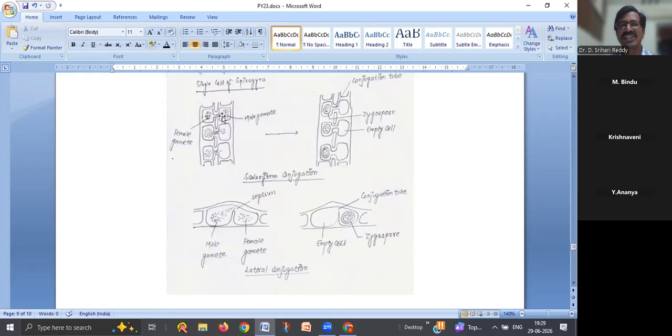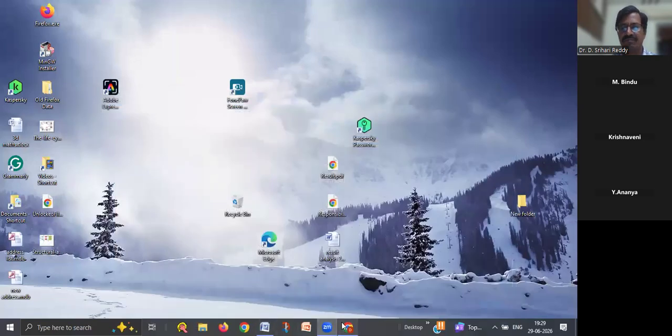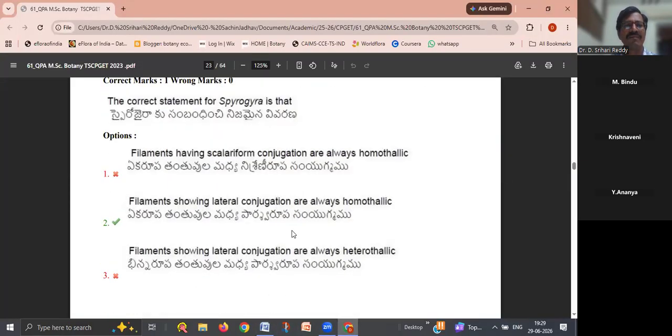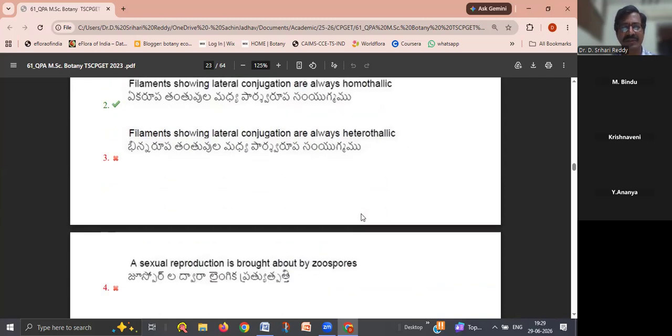They form a structure like a ladder, so it is called scalariform conjugation. So the question: filaments having scalariform conjugation are always homothallic, that is wrong. Filaments showing lateral conjugation are always homothallic, that is right, because both male and female gametes are produced in the same filament. Okay, so that is the right answer.